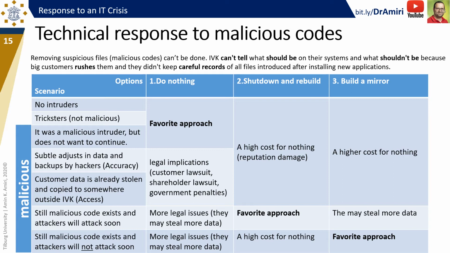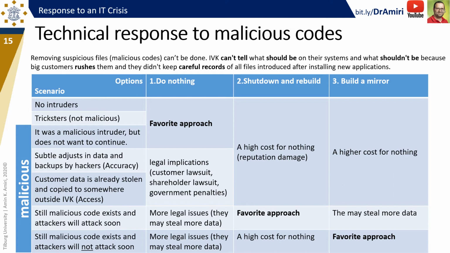If we have tricksters, not malicious attackers, people who just want to have fun, then doing nothing would be the best action to take. If it was a malicious intruder but does not want to continue, again, doing nothing is the right action.